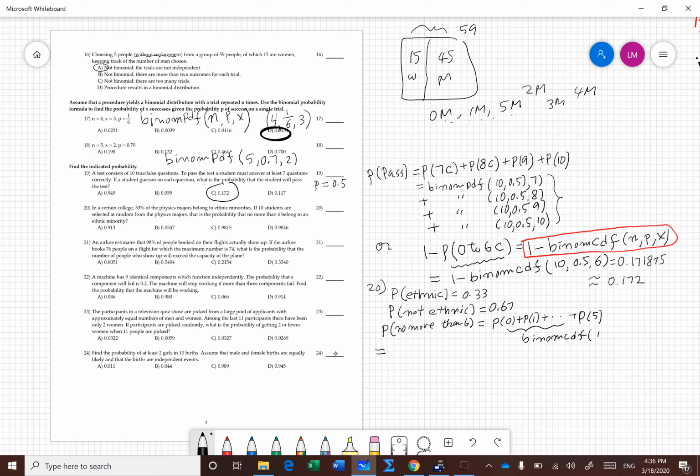You pick 10. Ethnic is 0.33, right? So it is 10, comma, 0.33, comma, 5.